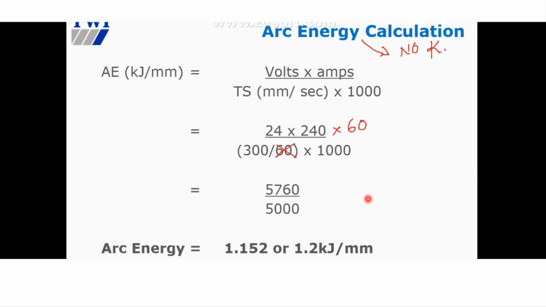Okay, and we got roughly about 1.2 kilojoule. This is arc energy. If we want to have heat input, then you need to times with MAG 0.8. Then you got lower value. Yeah, the value of this heat input will be lower than arc energy value because you need to times 0.8.